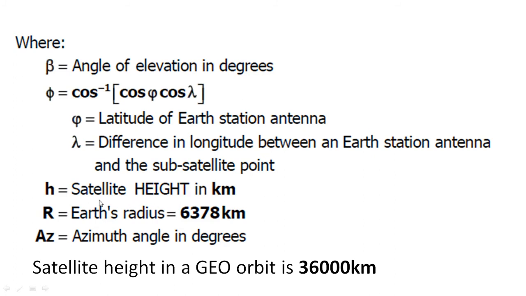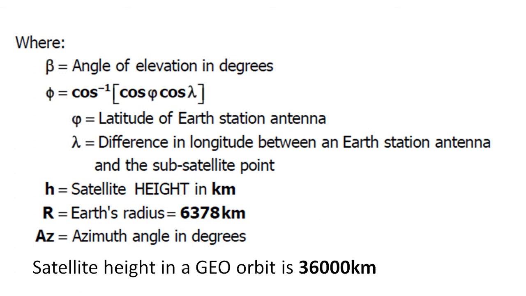Okay? H is satellite height in kilometers. Hindi ko na na-edit to, pero kung makikita nyo dito sa baba, nilagay ko dito yung satellite height in a geo-orbit, in a geostationary orbit. So, ang default, pag wala kayong nakita sa problem na nagbigay na height, and sinabi kung nasa geo-orbit yung satellite na yun, ang default natin na value is 36,000 km.